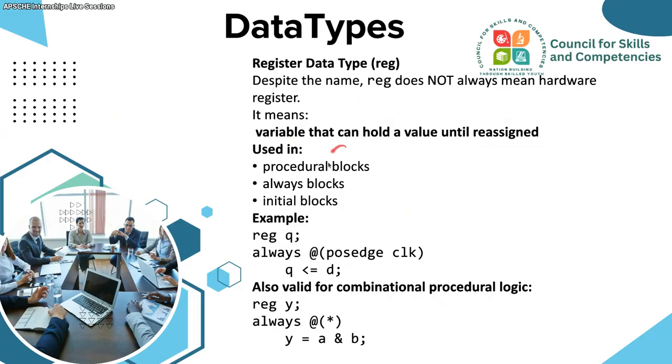It is not used in the continuous assign statements. It is used in the procedural blocks, that is, always blocks and initial blocks. If you declare reg q and then use assign q, it won't work; it gives an error.